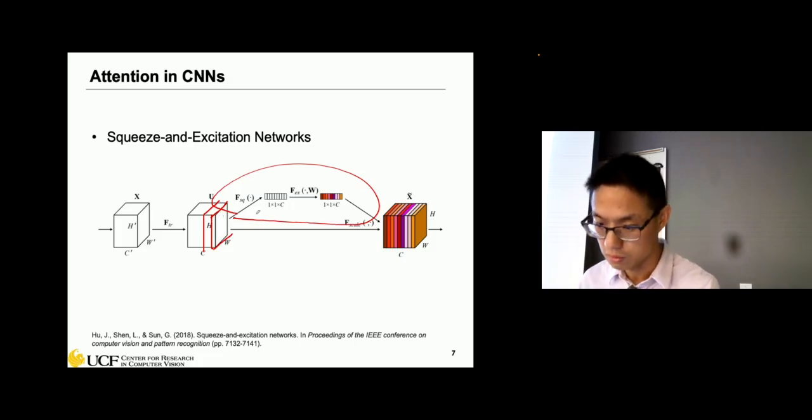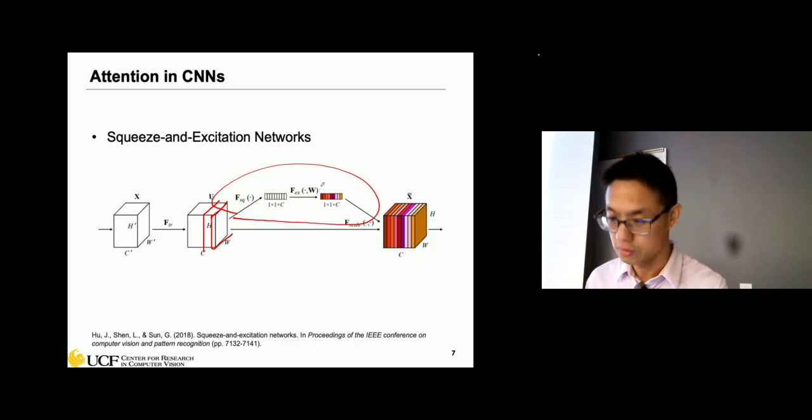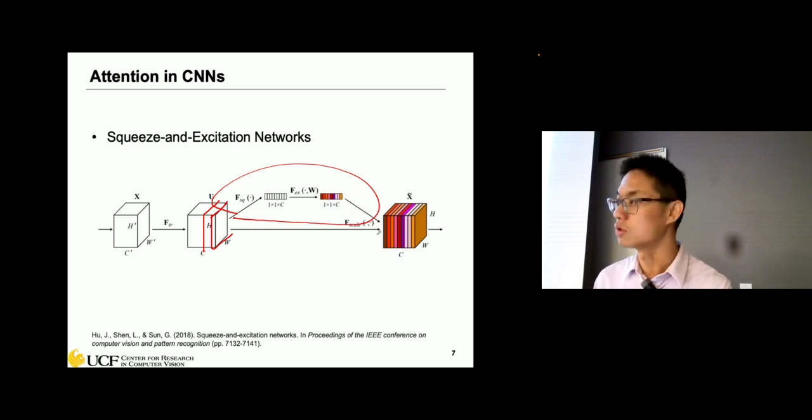Then you can add some learnable weights, maybe an MLP, to learn these weights. Eventually you multiply the learned weights, a scalar, to each of the channels.